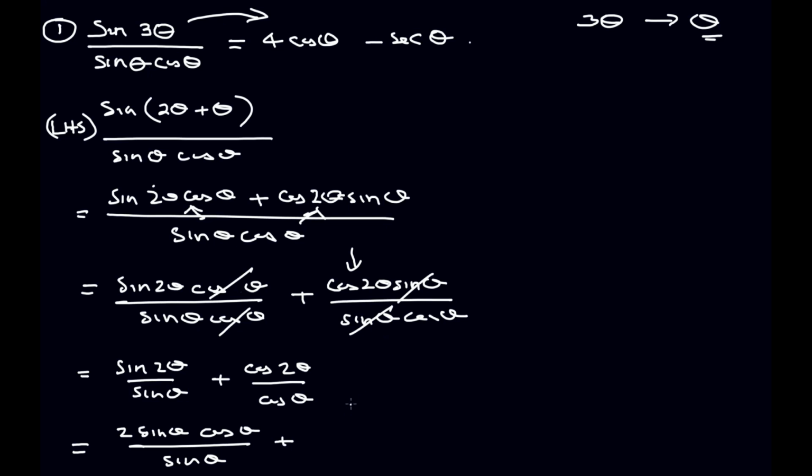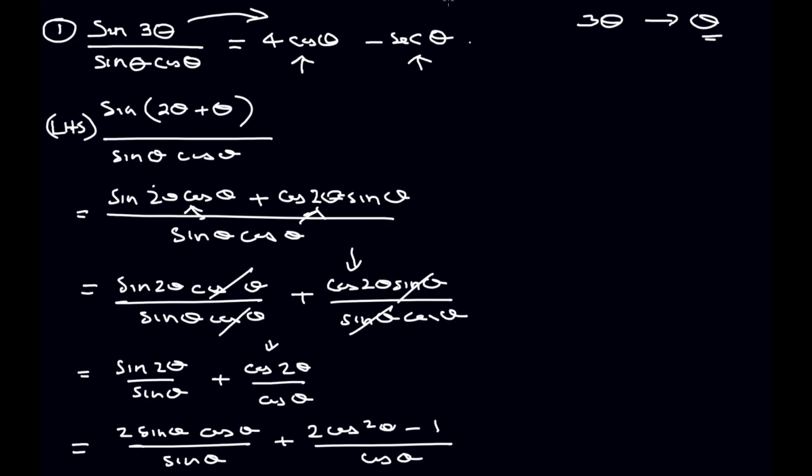We are going to choose the one that brings us closer to our answer. If you see here, this is cosine and this originates from cosine as well. So it's very likely that if we choose the one for cosine, it will send us closer to the answer. So 2 cos squared theta minus 1 over cos theta.